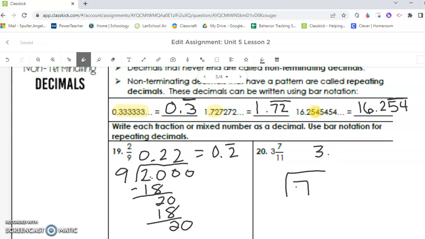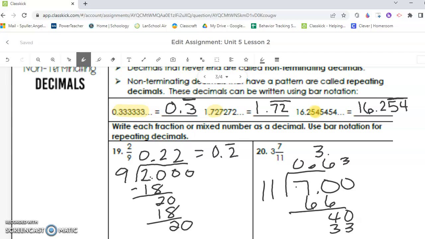All right, 3 is the whole number, but let's see, 7 goes in. How many times does 11 go? It can't go into 7, but it can go into 76 times. 6 times 11 is 66. That's going to give me 4. Add a 0. 11 can go into 40 3 times. 3 times 11 is 33.